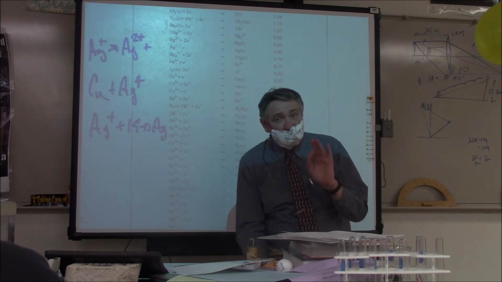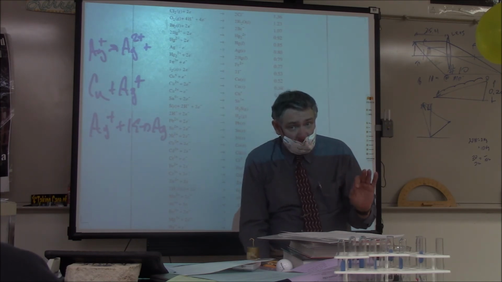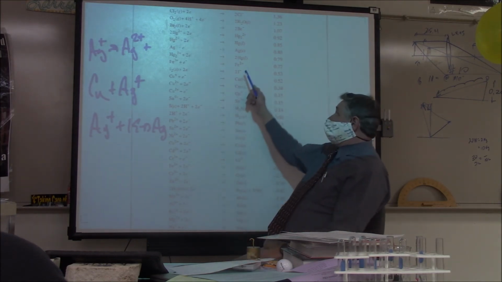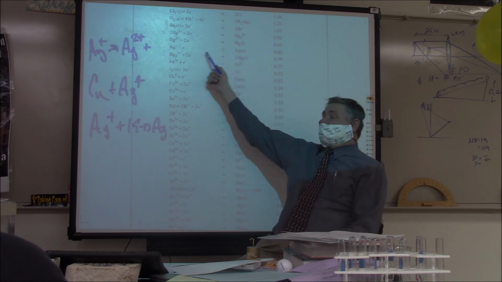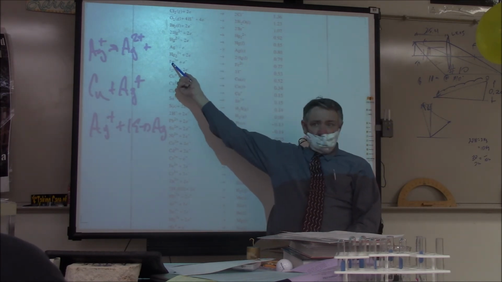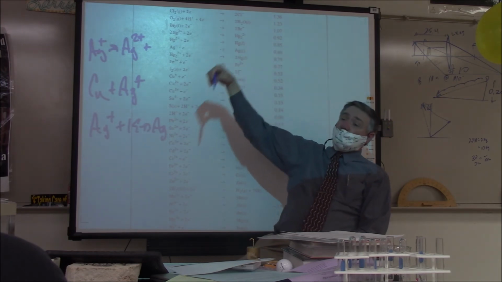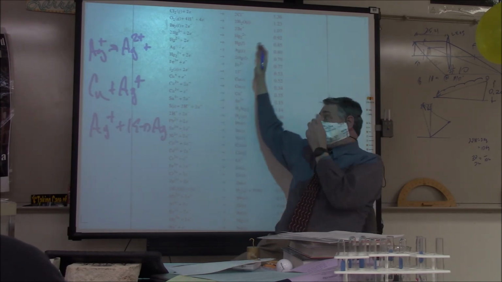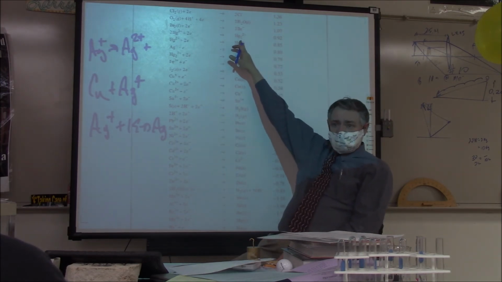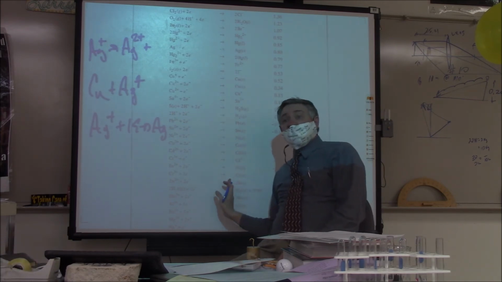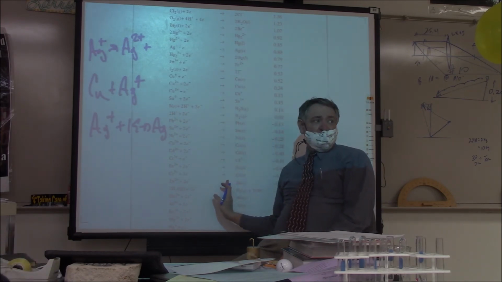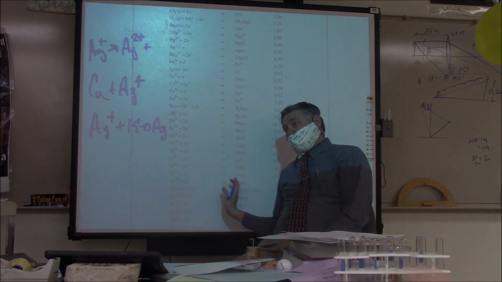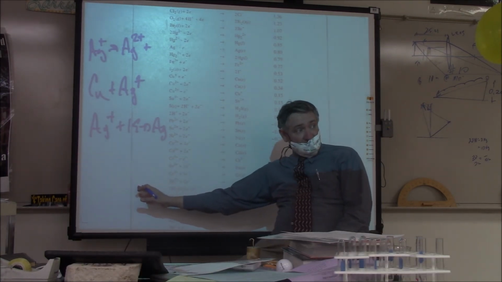Which means that it doesn't want to get oxidized. So if you have like silver, do you think silver wants to get oxidized? No. So if you want to find horrible things that are willing to get oxidized, top right. If you want to find things that really want to get oxidized, where would you look? Bottom right. Okay, because those really want to get reversed and go in that direction.